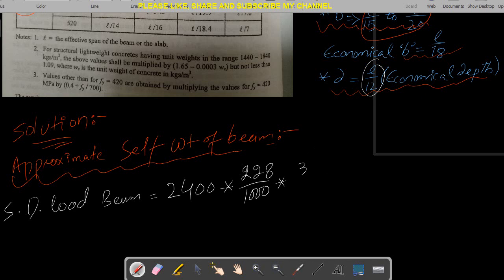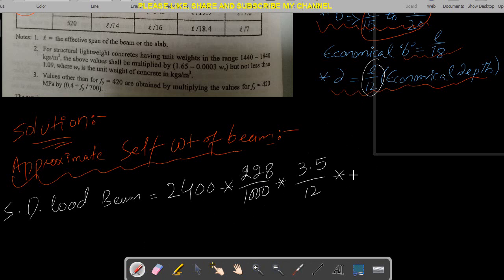My L is 3.5, sorry, not 3.8. So 3.5 meter divided by 12, L by 12. This is the economical depth.